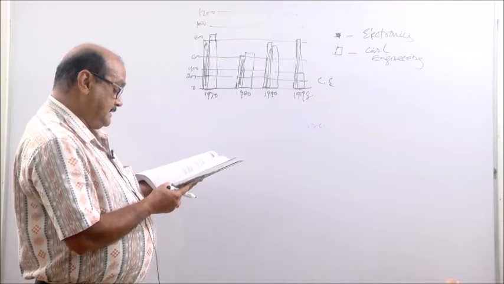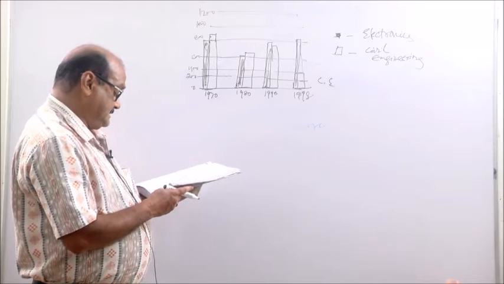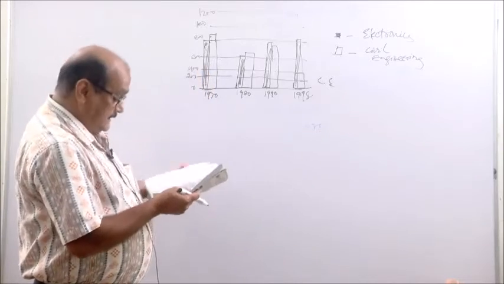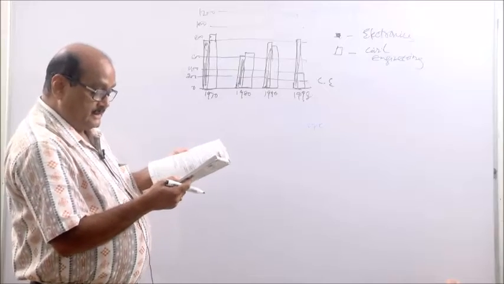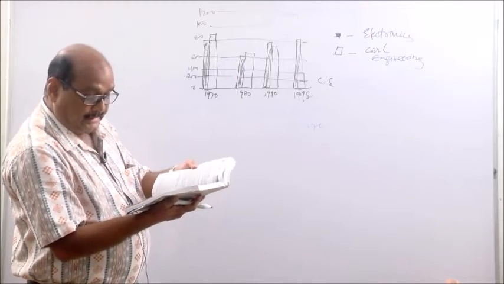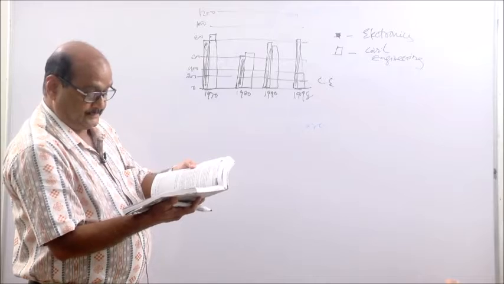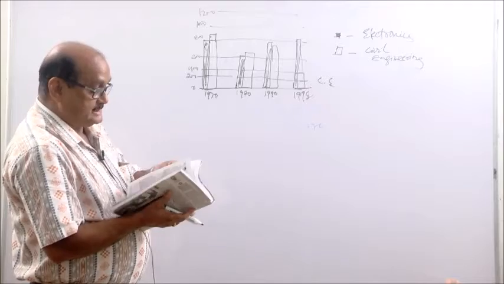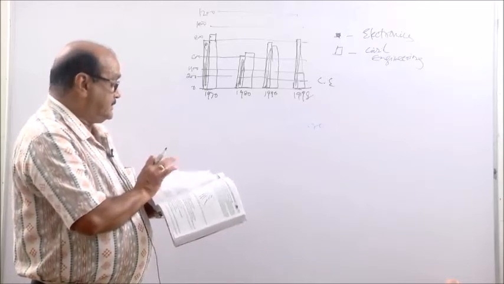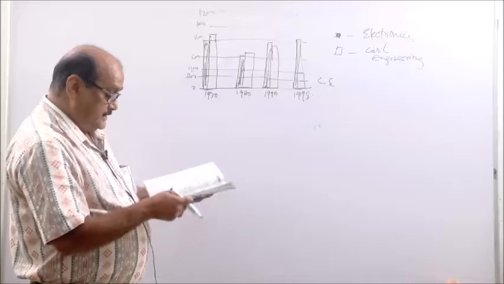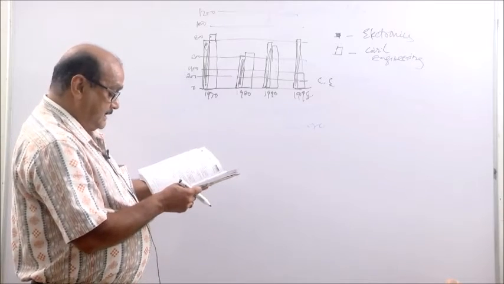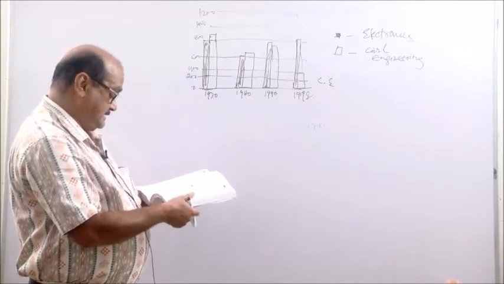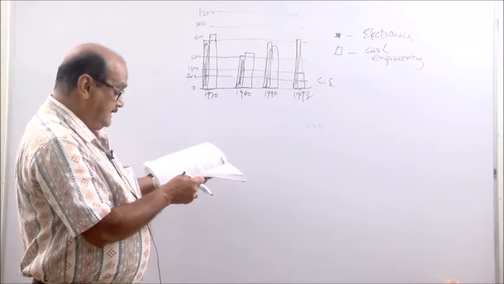And why was electronics not popular? Electronics was not popular because it was newly introduced in the engineering college, and the students as well as the parents were not sure about the career in electronics.